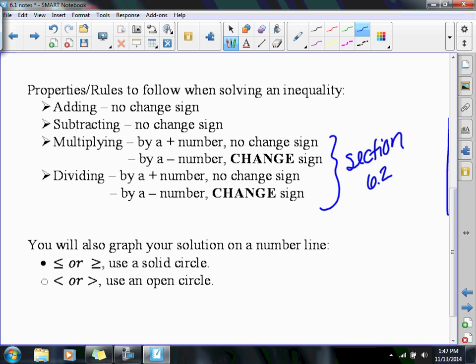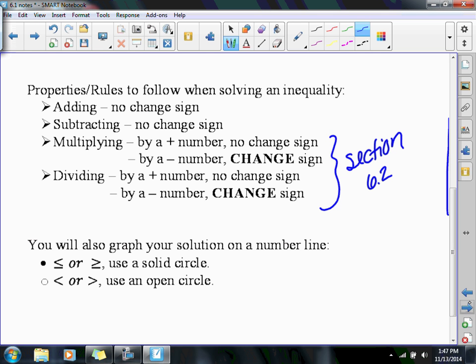When you have less than or equal to or greater than or equal to, that means that your number is part of that solution, so you want a solid circle. That solid circle shows that that number is actually part of your answer. The open circle in math means that that number is not actually a solution, but anything just less than or just greater than it will be a solution.